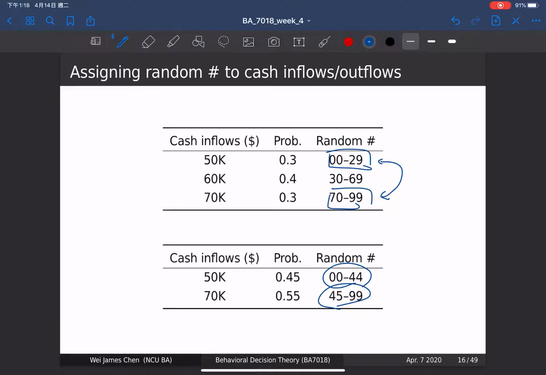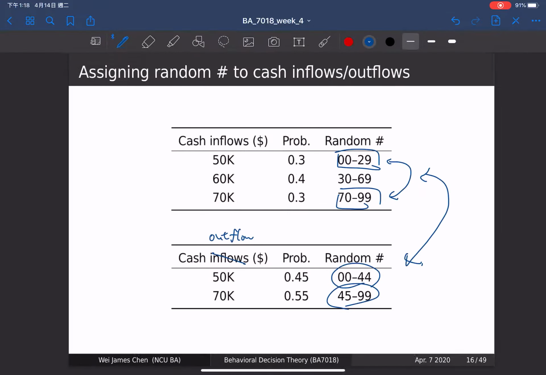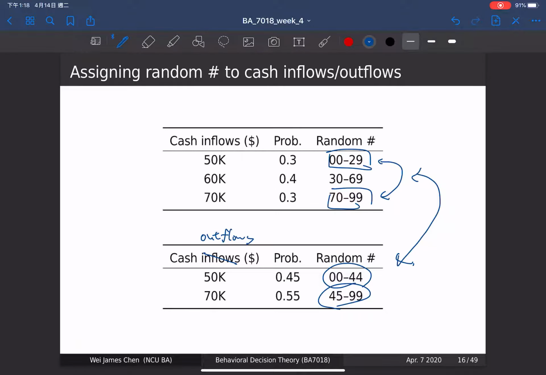Do we generate 2 random numbers, one for cash inflow and one for cash outflow? Actually, this is a typo, this is outflow. So do we generate one number for cash inflow, one number for cash outflow, or do we generate one random number for both?